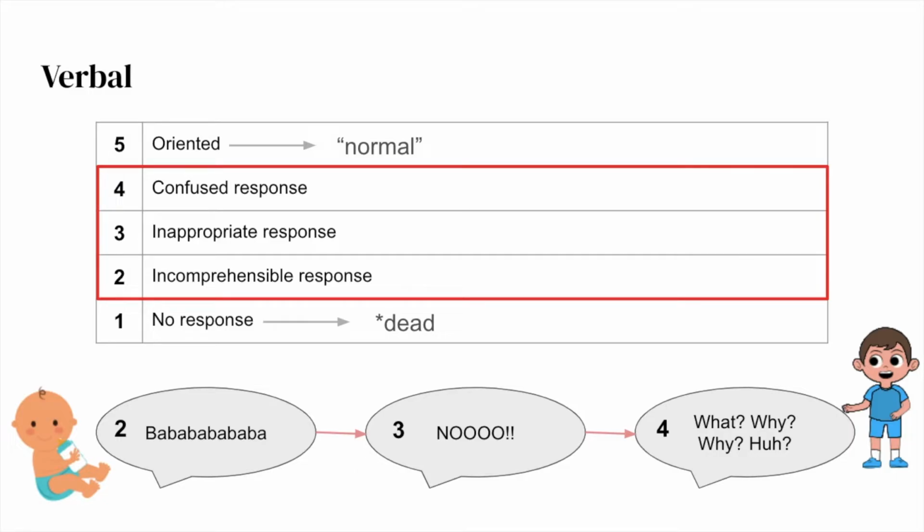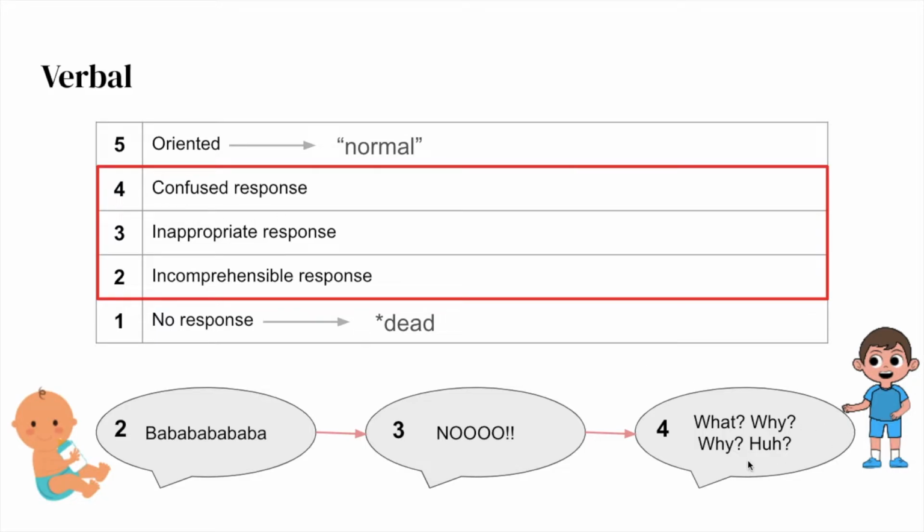And then from there, the baby, infant, toddler, whatever, grows up into a little kid. And if you've been around little kids, you know they ask a lot of questions. They can be confused. This is a score or level 4 here. So if they get a score of 4, that means they are responding to your questions, they're responding to you, but they're often confused.